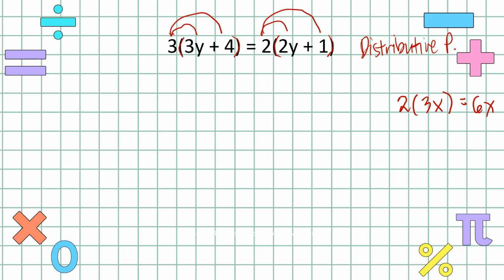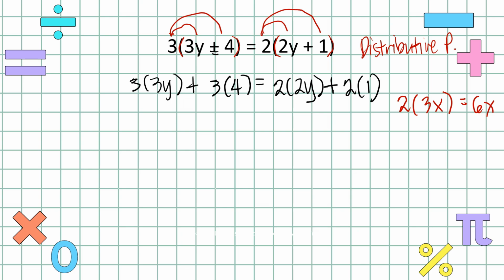Like that. And here in our example, the only difference is that we have 2 terms inside our grouping symbol, so we distribute it to each of the terms. So 3 times 3y plus 3 times 4 equals 2 times 2y plus 2 times 1.